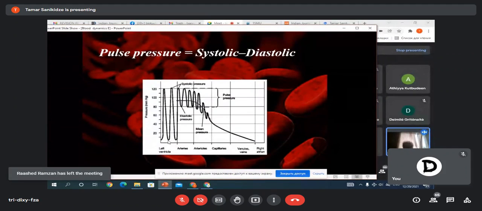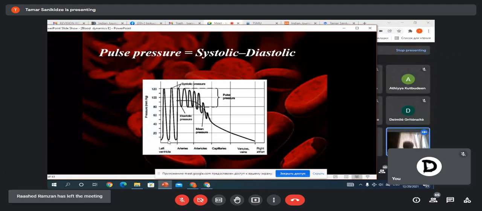The difference between the systolic and diastolic pressure is known as the pulse pressure. If the normal systolic pressure is 120 and diastolic is 80, the pulse pressure is equal to 40. It is the normal pulse pressure.